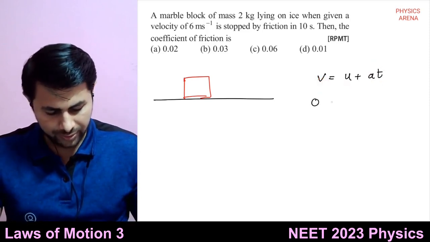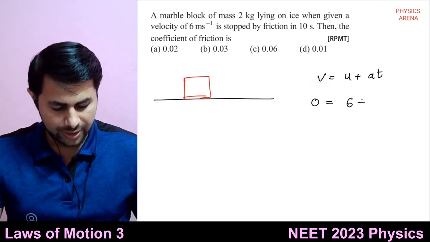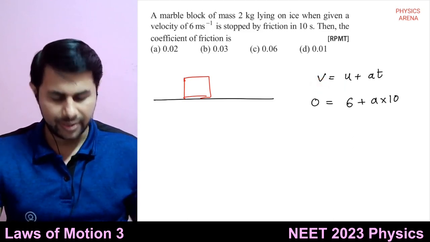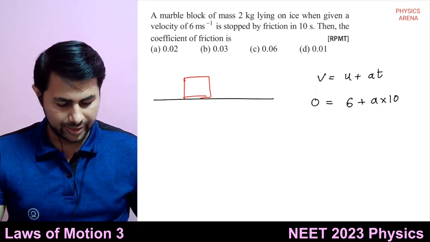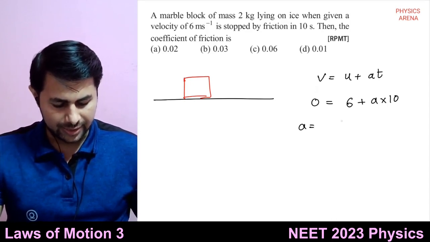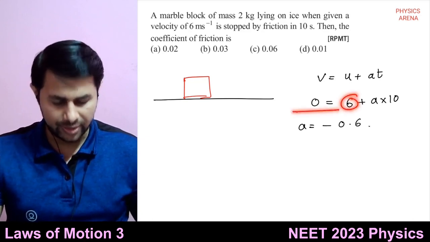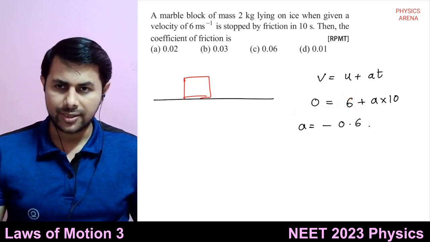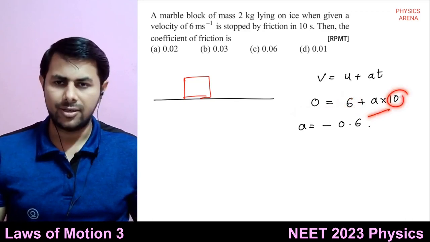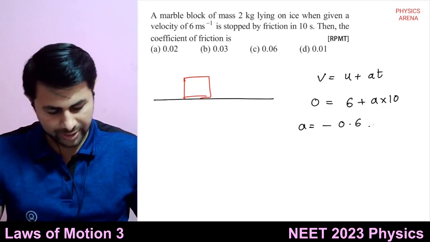So 0 is equal to 6 plus acceleration multiplied by 10. So how much would be the acceleration? Take this 6 on the other side, it will be minus 6. Minus 6 divided by 10, minus 0.6 meters per second squared.